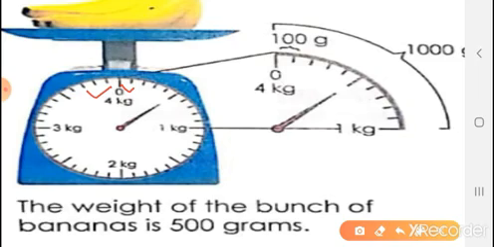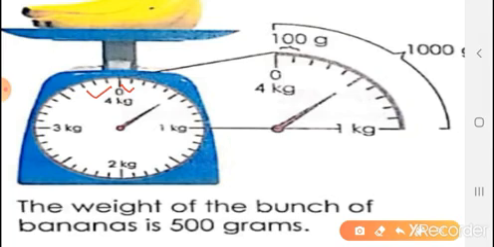It means that the weighing scale can measure up to 4 kilograms. It means the weighing scale can only measure objects with a weight less than 4 kg or up to 4 kg. So, where is the needle pointing?